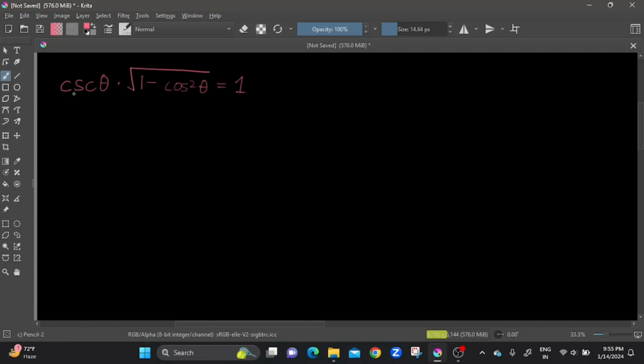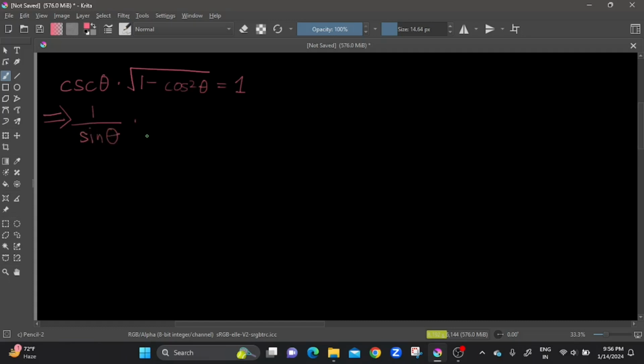So the first problem is cosec theta times root of 1 minus cos square theta is equal to 1. We need to prove LHS is equal to RHS, right? The first thing we're going to do is write cosec theta as 1 by sine theta, because that's how it is defined.